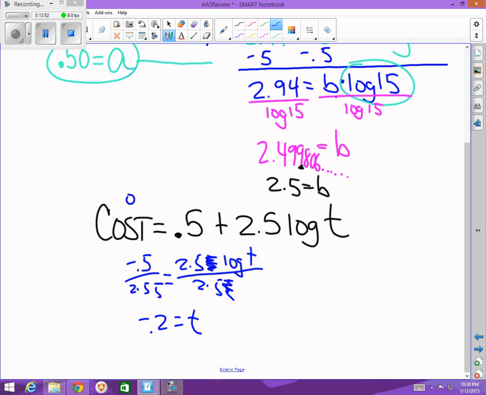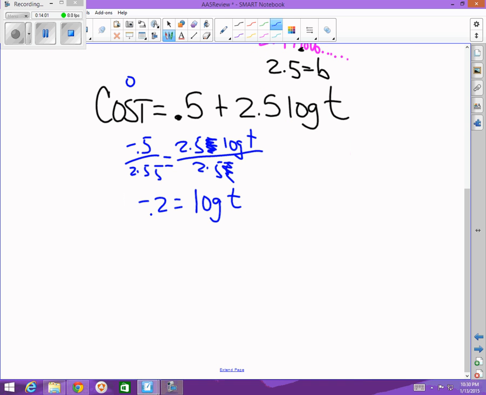Is that right? Oh no, not t. It's going to be log t equals negative 0.2. And then to solve that, remember the base is 10, so it becomes 10 to the negative 0.2 equals t. So 10 to the negative 0.2 is equal to 0.630957 and stuff.